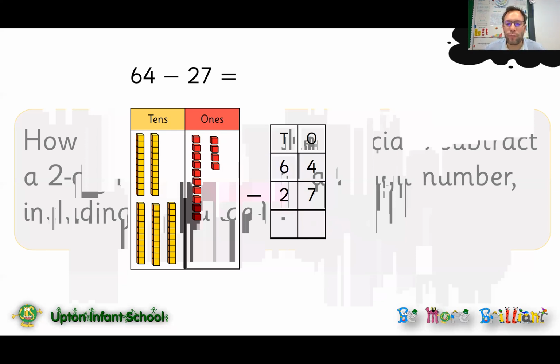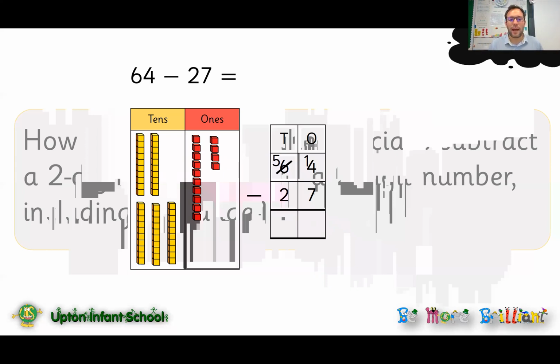So I've now got 14 ones in my ones column, and I've now only got 5 10s in my 10s column. So what we need to do on our little column subtraction there, we need to cross out our 6, because we've not got 6 10s anymore. We've got 5, and we've got an extra 10 ones in our ones column. Let's pop it over there. So that 4 now becomes 14.